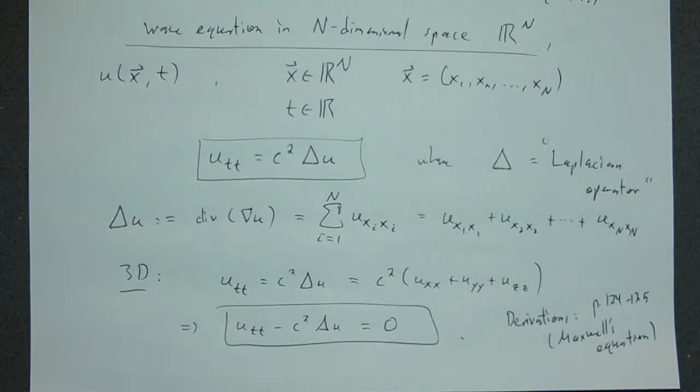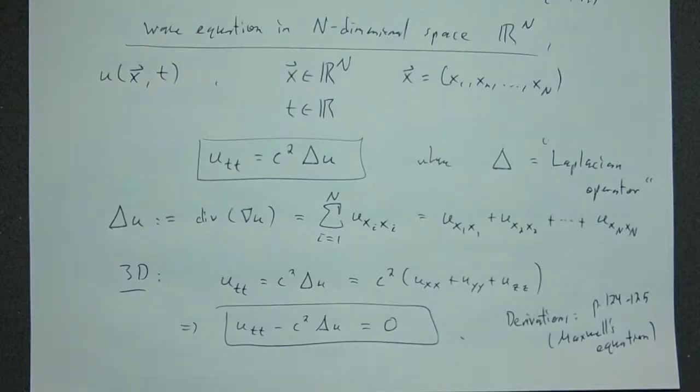It turns out that you can actually show that all the components of those satisfy the 3D wave equation using this terminology. So if you want to see how that goes, you can have a look at page 124, 125. So one way of deriving these is from Maxwell's equations.